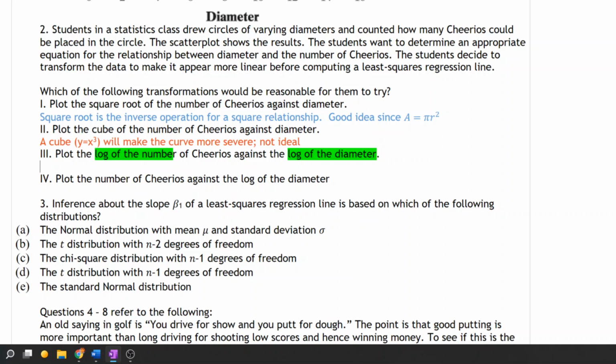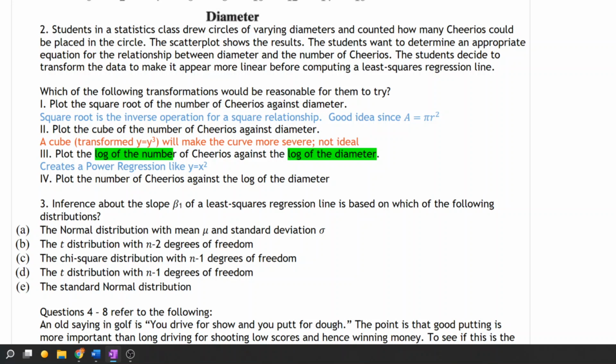This next one says to plot the log of the number of Cheerios against the log of the diameter. So this is going to create a power regression, which is like the shape of y equals x squared, or y equals x cubed, or y equals x to the fourth power. And this is a pretty good idea since, again, we're looking at the square relationship of area.